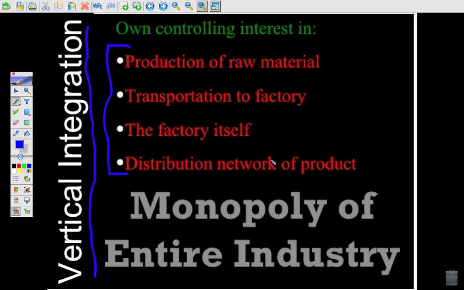And under vertical integration, you control these 4 steps: the production of raw material, transportation to the factory itself, and the distribution network of the product. And therefore, you have a monopoly of that product within your given industry. You control each step of that product.